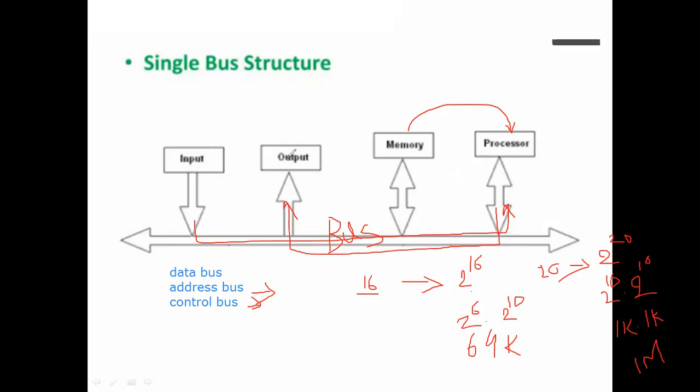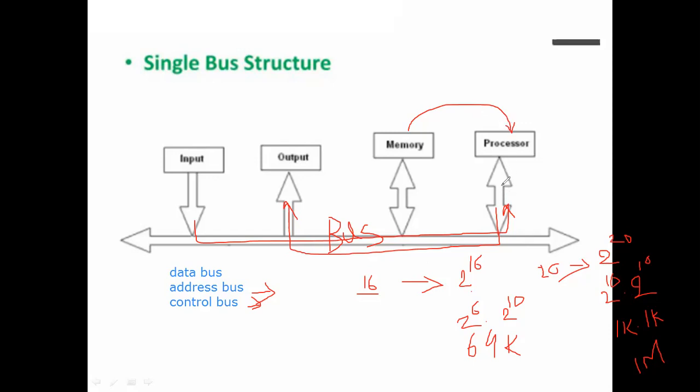Suppose we want to print a file, for example a Word file, and that Word file is printed through the printer. What happens here is the transfer of characters from the processor to the printer.